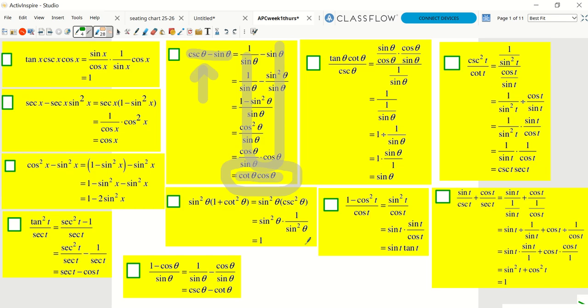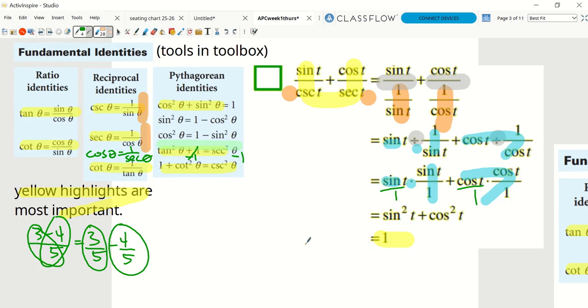Now let's actually go through some examples. Now, let's look over here. Do you guys see how, so this is your original problem, and we're going to tweak this to get to the 1. We don't do any tweaking to the 1. Do you guys see how this cosecant became 1 over sine through this identity? Are we good? Do you see how secant became 1 over cosine through this identity?